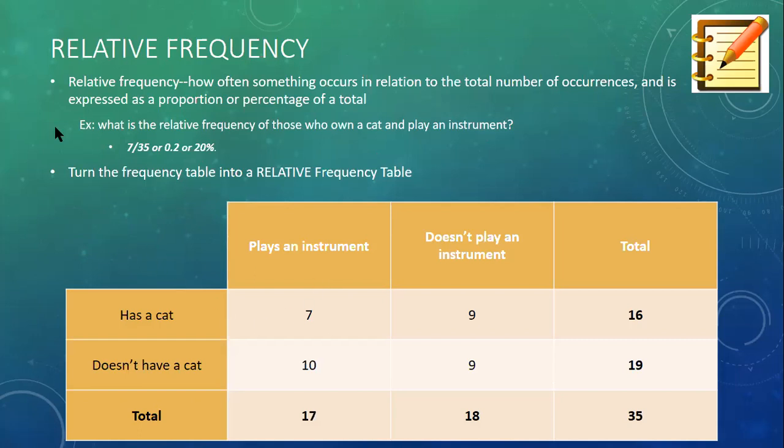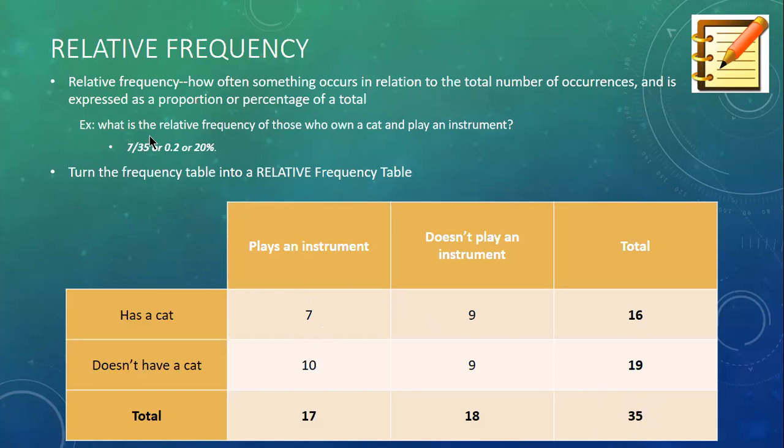So for example, it says, what is the relative frequency of those who own a cat and play an instrument? Well, there were 7 students that owned a cat and played an instrument. The relative frequency is essentially how often a student owned a cat and played an instrument compared to the total number of students that were observed, which was 35.